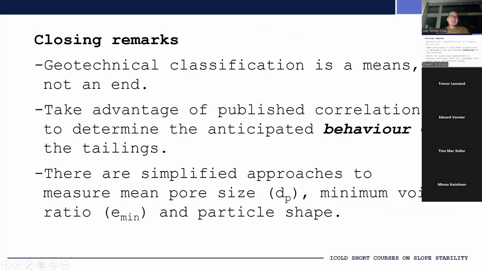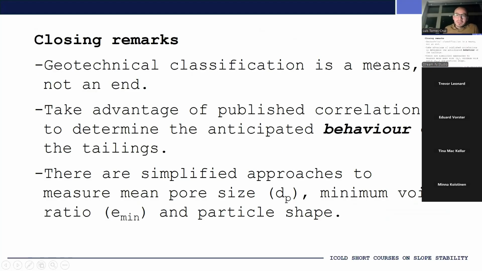Right, my closing remarks are that geotechnical classification is a means, not an end. Please remember that blue cheese remark by Jeffries and Bean. Secondly, that we must take advantage of published correlations to determine the anticipated behavior of the tailings.